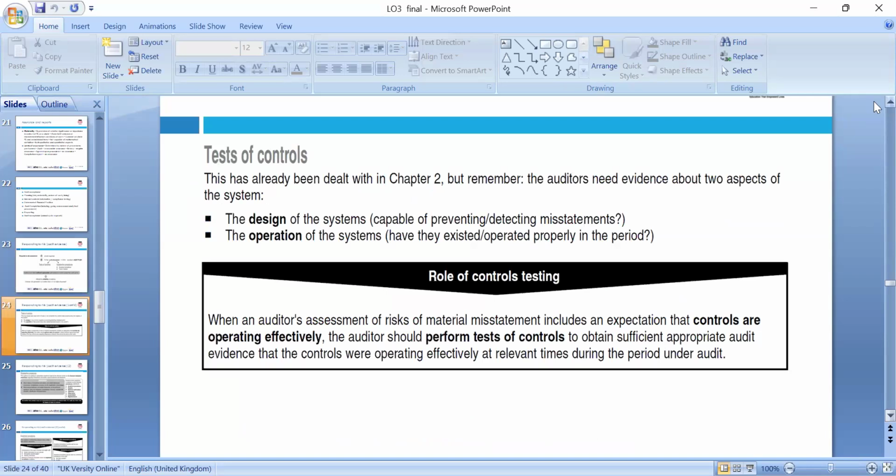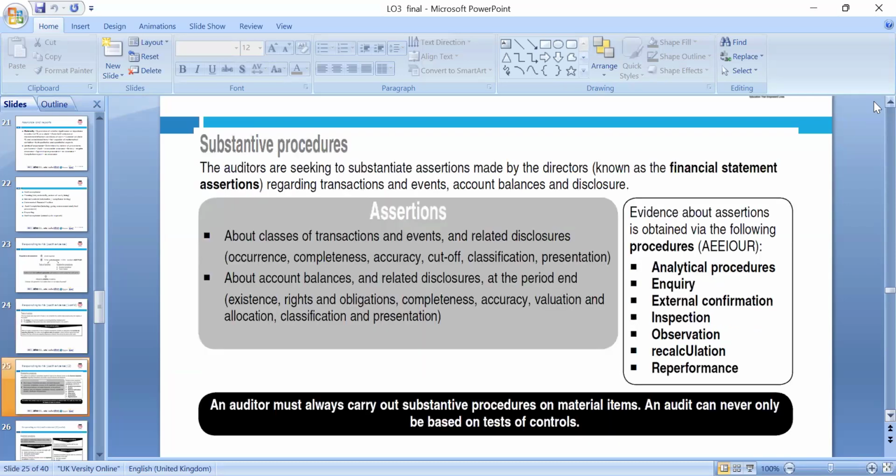We have already discussed this in our lesson 2, internal control and the design and operation of things. The role of the control, testing, and detailed assessment of the risk include the expectation of the control operating effectively and performing the test of control in line with audit. So for substantive procedures, the auditor is seeking assertions known as financial statement assertions.